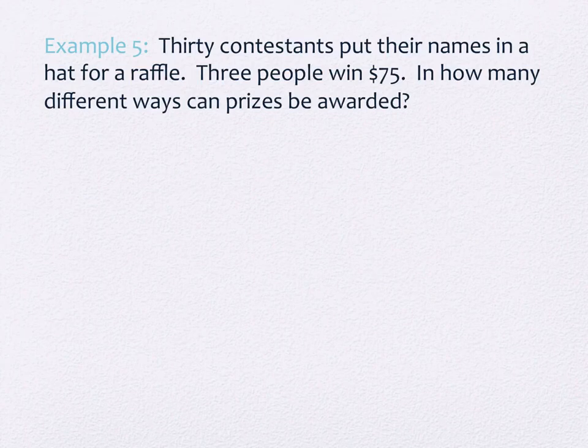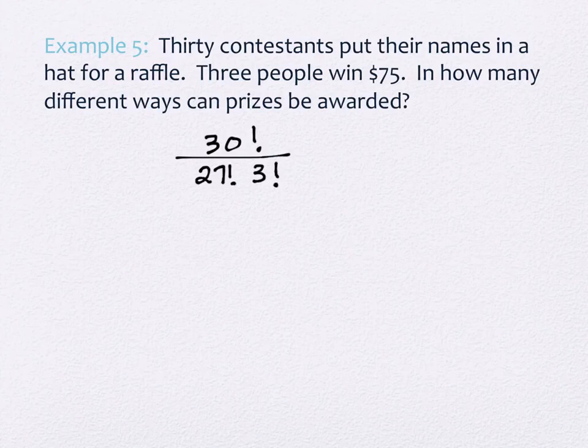Okay? So as we're taking a look at how to process that, we still have that same 30 factorial. We still have the same 27 factorial. But what happens is we remove the 3 factorial as well, because it doesn't matter who gets drawn first, second, or third. That's 3 people we've drawn, and their order doesn't matter.